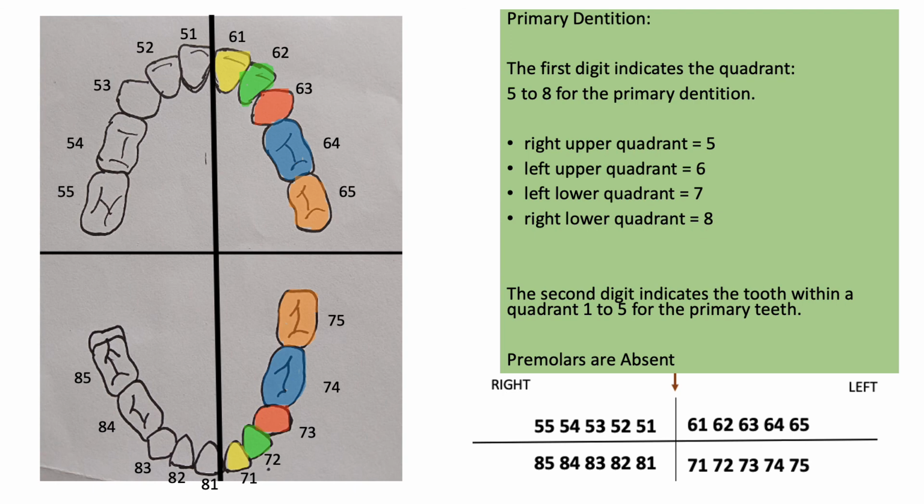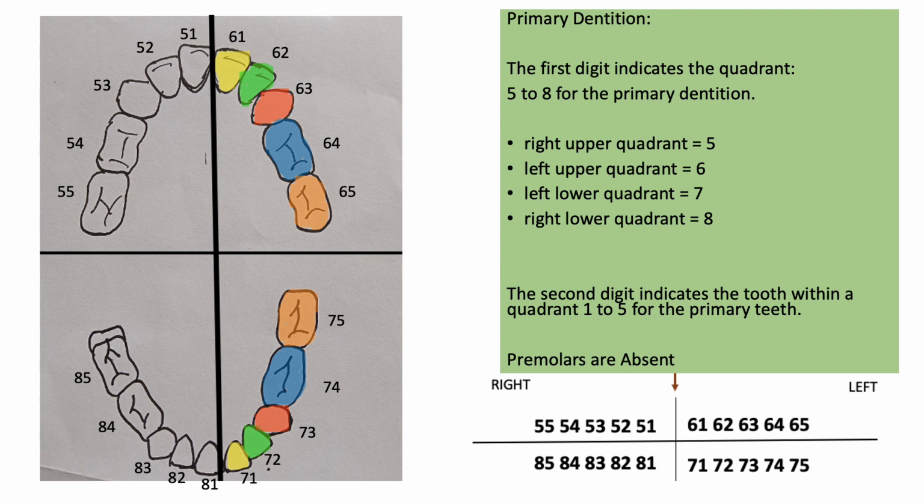When we give the numbering for a deciduous dentition, the upper right quadrant will be represented from 5-1 to 5-5, upper left quadrant from 6-1 to 6-5, lower left quadrant from 7-1 to 7-5, and lower right quadrant from 8-1 to 8-5.